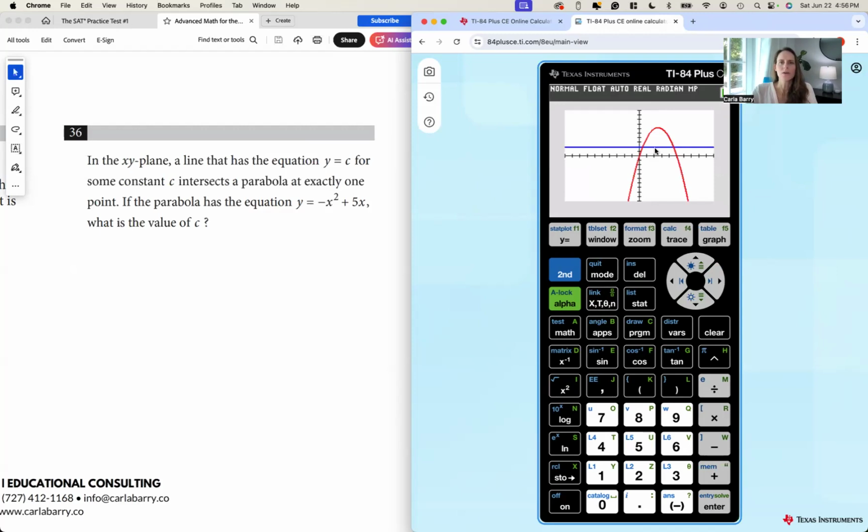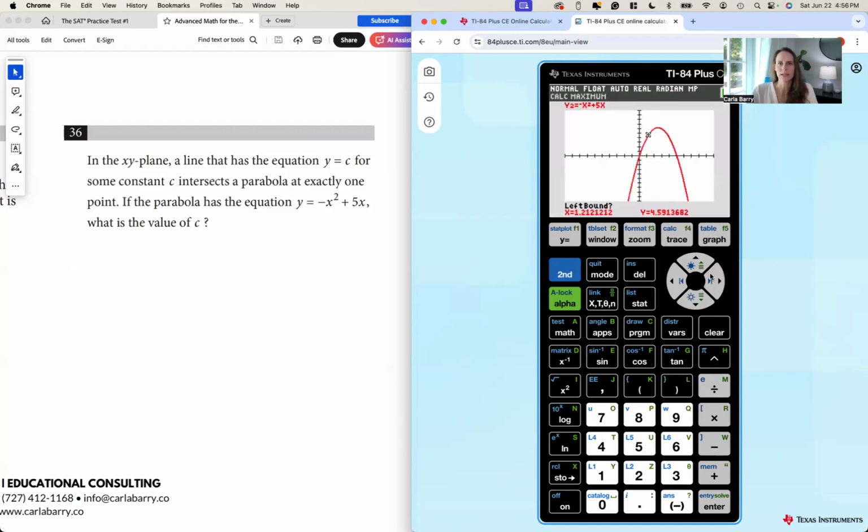So I need to think, where does that horizontal line need to go through? It has to go through the vertex of the parabola if it's only going to intersect the parabola at 1 point. So I'm going to delete my y equals 2 that I used just to navigate this question. And then I'm going to press second trace, maximum.